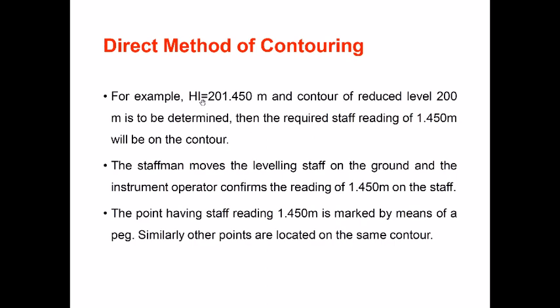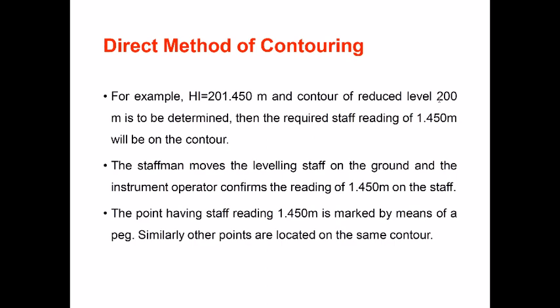In any setting of your instrument, the height of instrument is 201.45. So you'll take your staff to different locations, and the person looking through the telescope is trying to find the location of the staff where he gets a reading of exactly 1.45, because when you subtract that reading from the height of the instrument, it means that the reduced level of that particular point is 200. And you can imagine how tedious it would get.